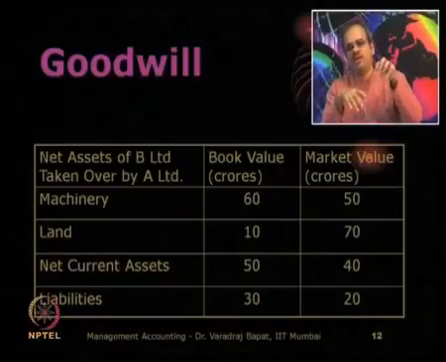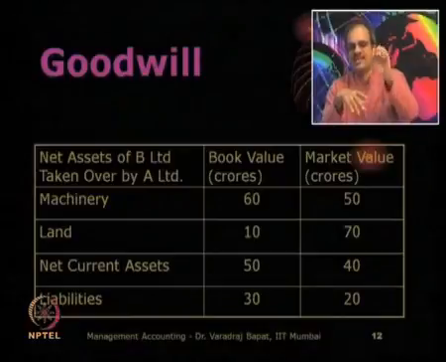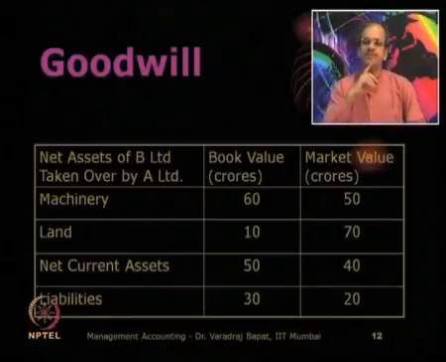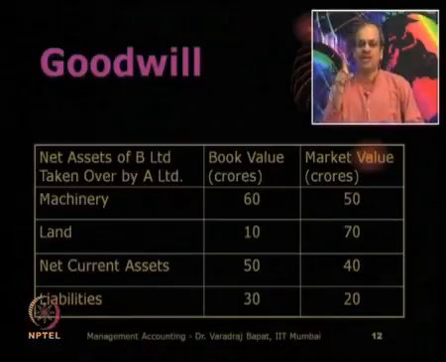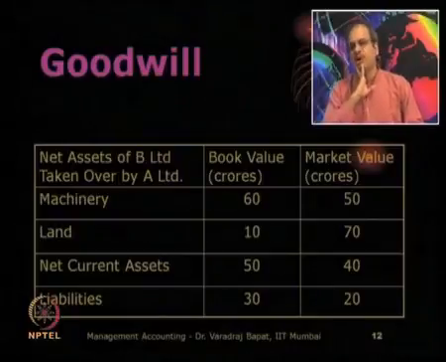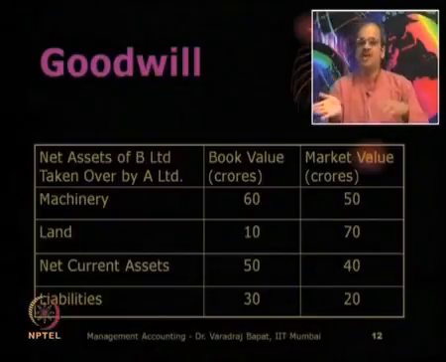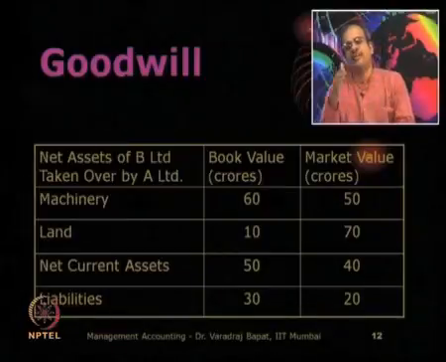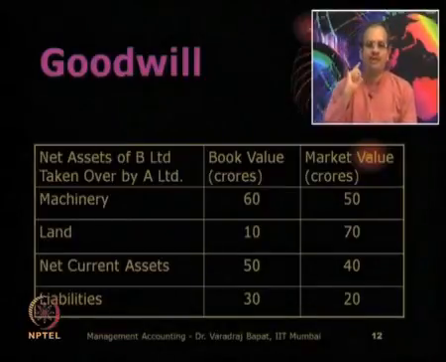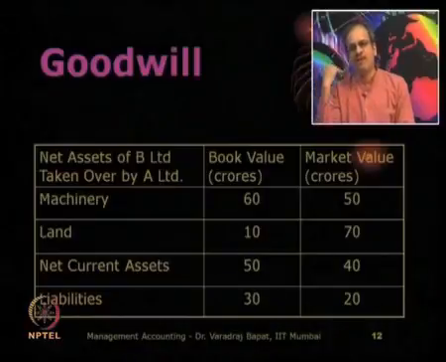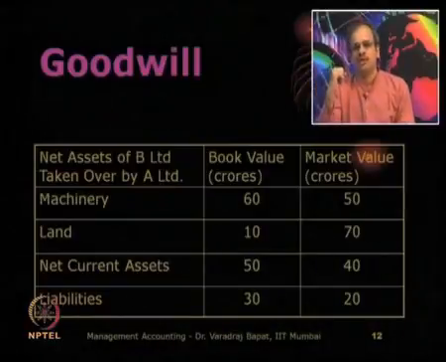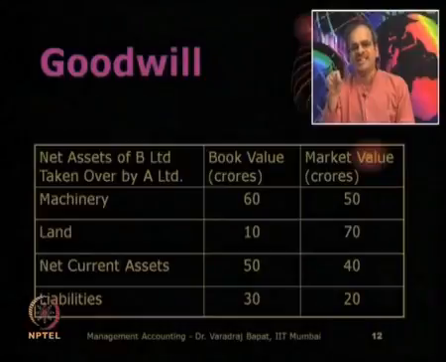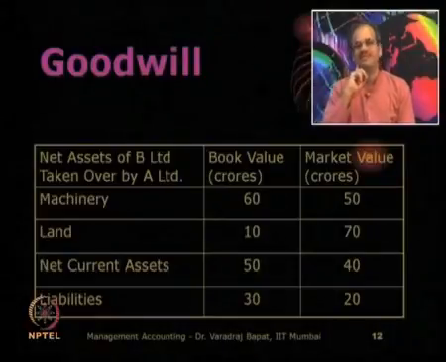Book value is the value in the balance sheet of the selling company, which is B, or we should look at the market or current value. Just give a thought. Since B is being sold to A, it is logical to take market value rather than book value. So, if you make a quick calculation on market value, what is the value of net assets of B taken over by A?